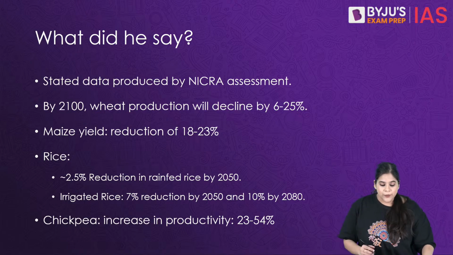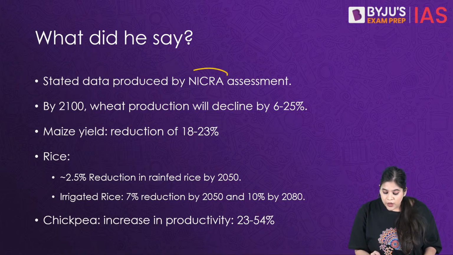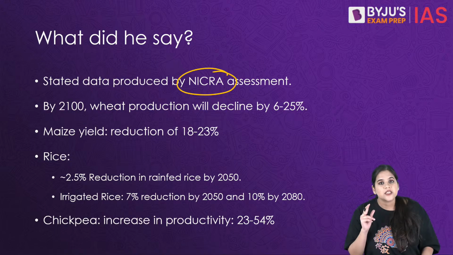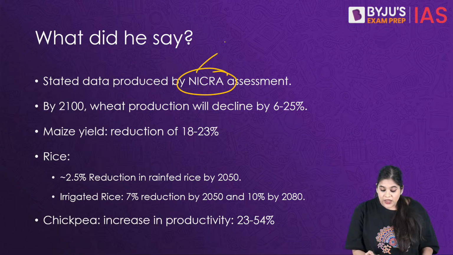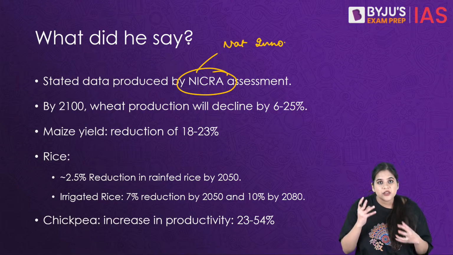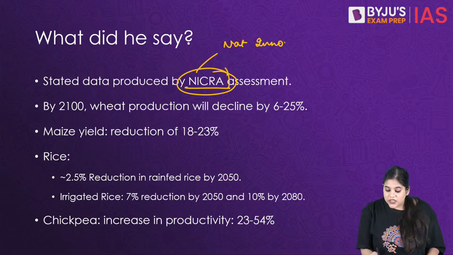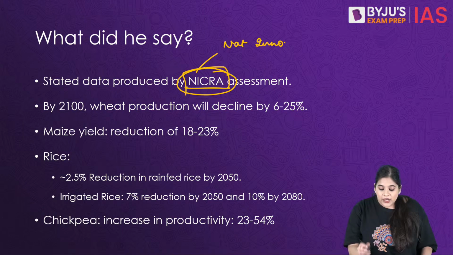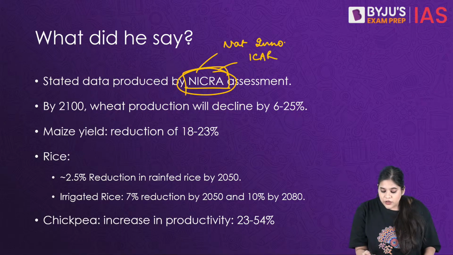Now he said that according to the data produced by the NICRA assessment, what is NICRA? National Innovations in Climate Resilient Agriculture. This is a project of the Indian Council for Agricultural Research.